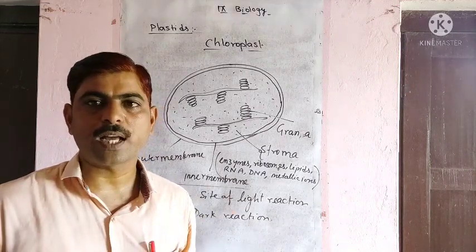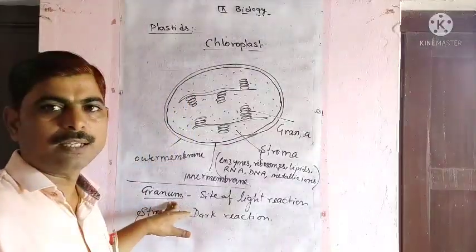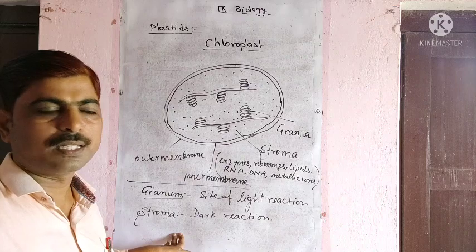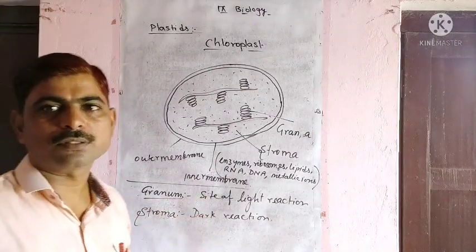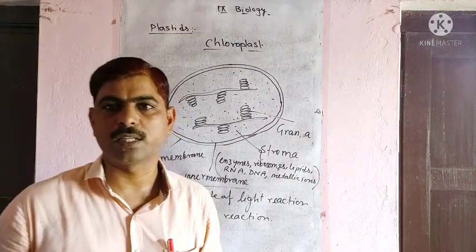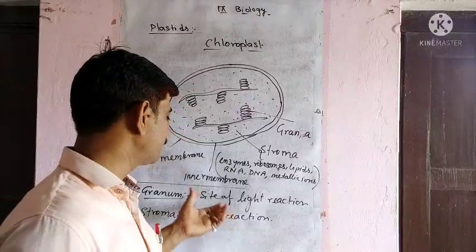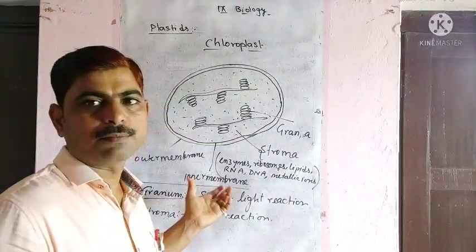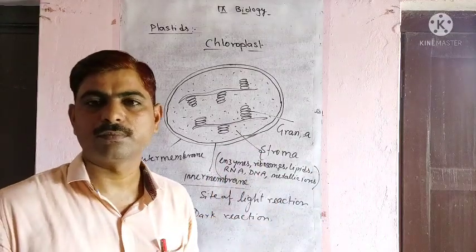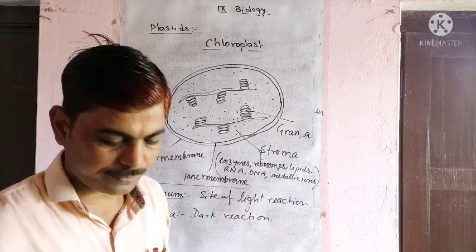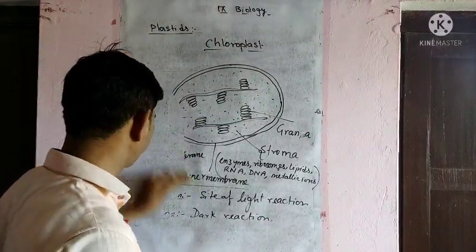So this trapping of solar energy is done by the granum part, while formation of carbohydrate is done by the stroma part. And it is not necessary that these two processes go simultaneously one after another. It happens that light reaction happens at one time and dark reaction happens at another time. Okay, so this is the structure of the chloroplast.